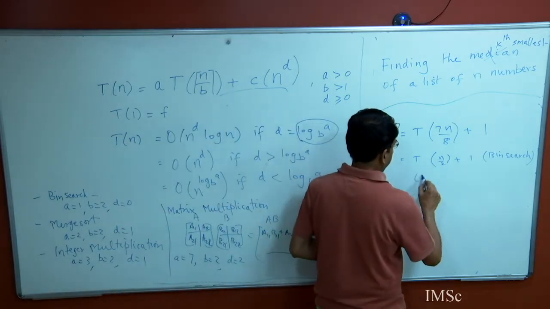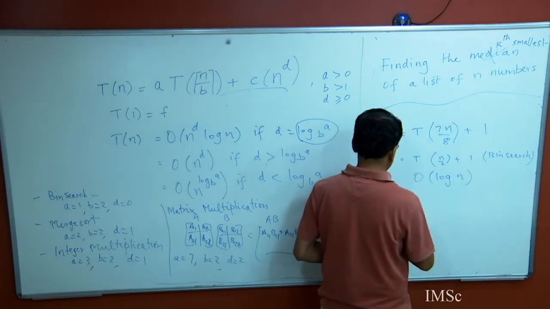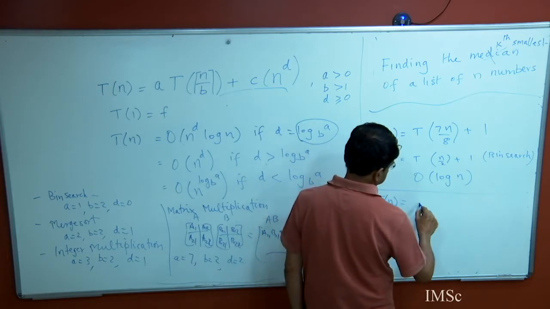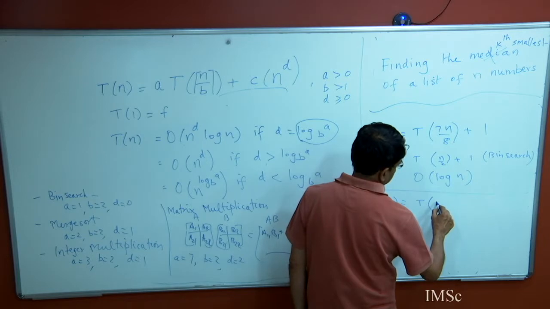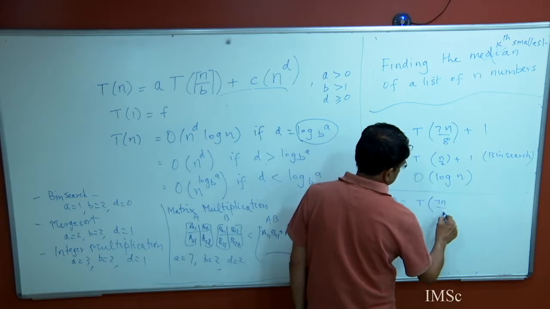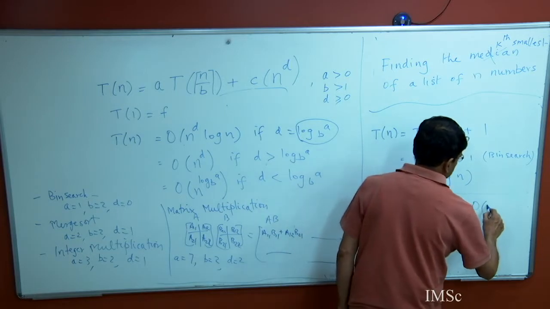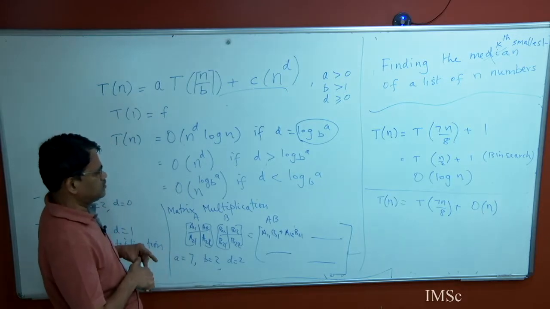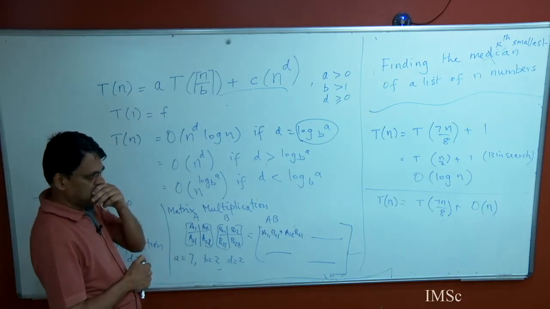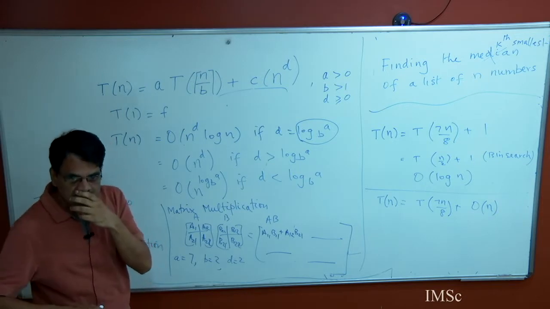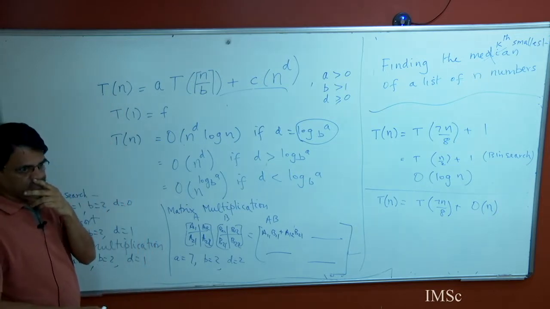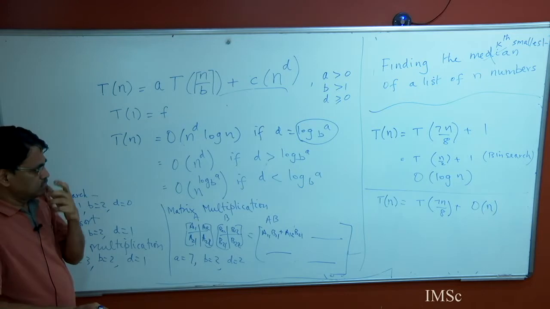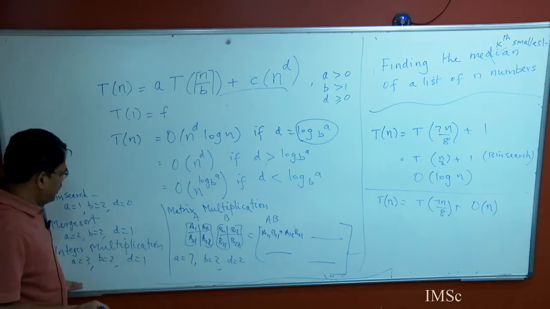Okay, so what about T of n equals T of 7n by 8 plus order n? You can plug it in and see.